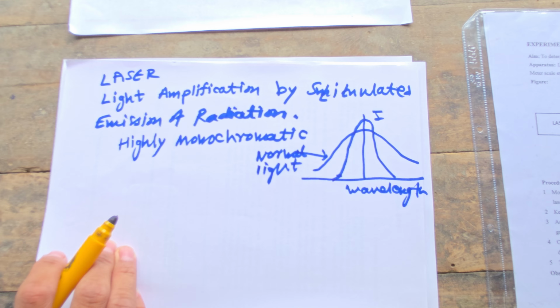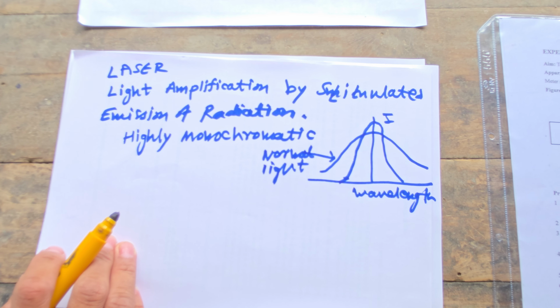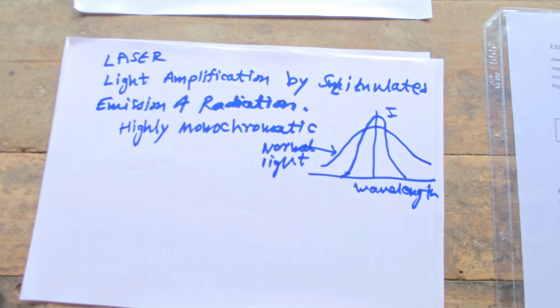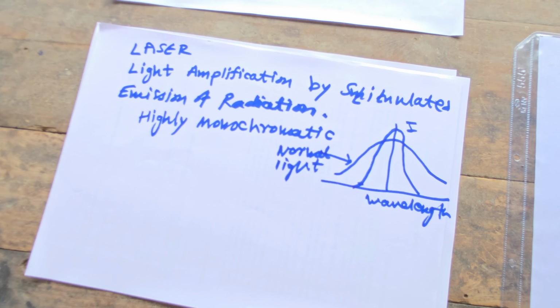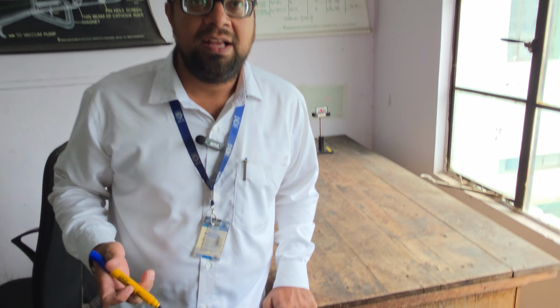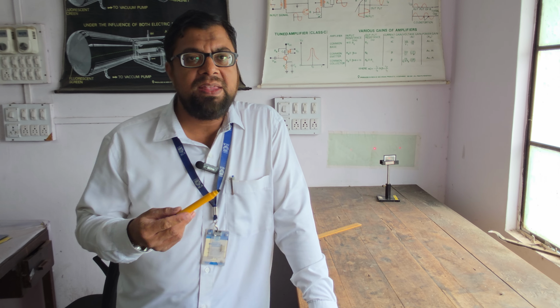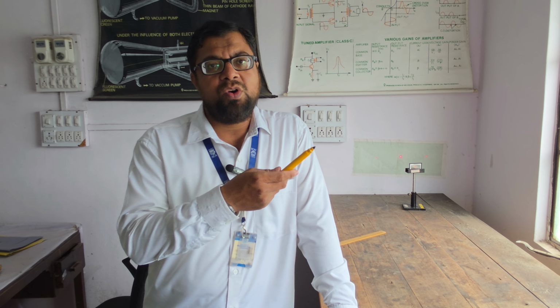Depending upon the power of the laser, due to these fantastic properties, they have many applications. A laser beam can be made incident on the moon's surface and reflected back, and with this we can find the distance between the earth and the moon.